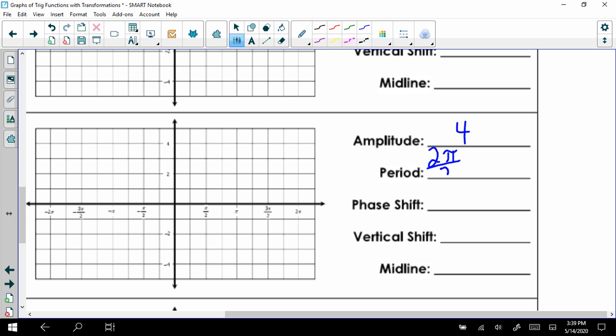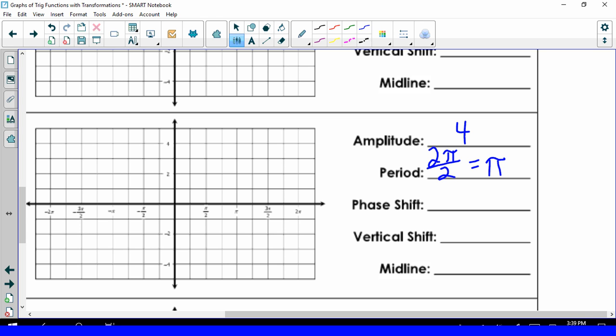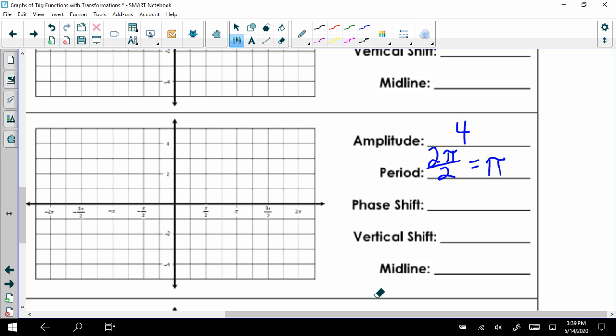You're going to divide by B, because when your B is bigger than 1, you're compressing from the outside. So that's going to squeeze it in, and it's going to finish the full cycle faster. So that's going to be pi. And then C is pi, so I'm going to the right pi. Vertical shift is up 1. So the midline is y equals 1.